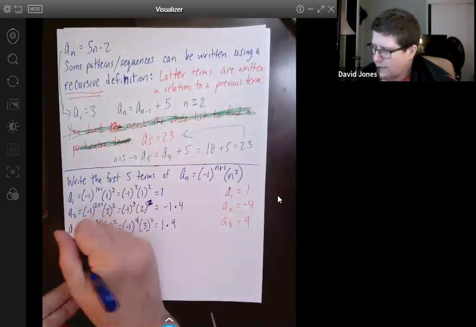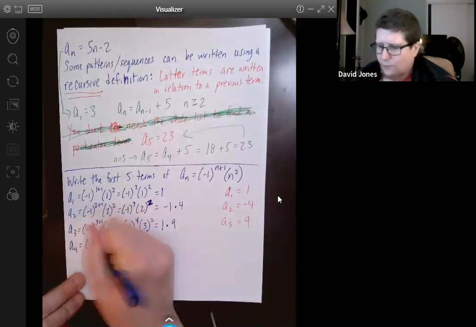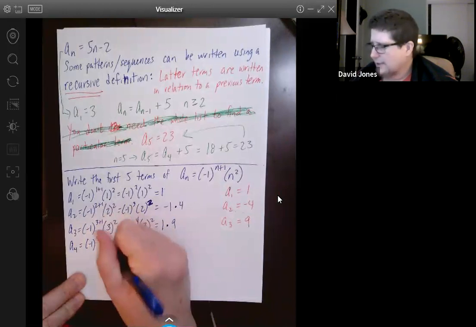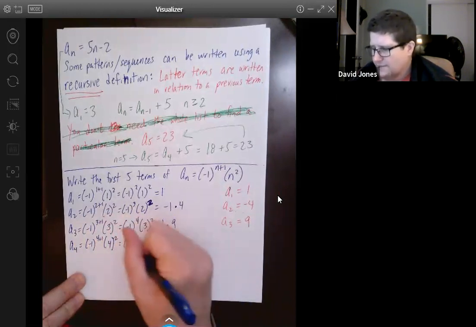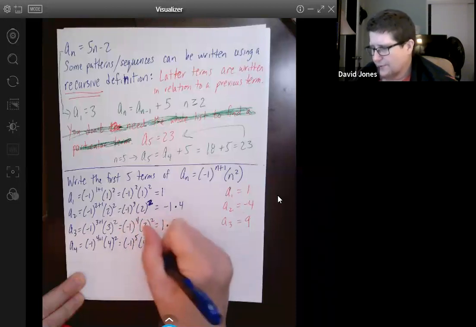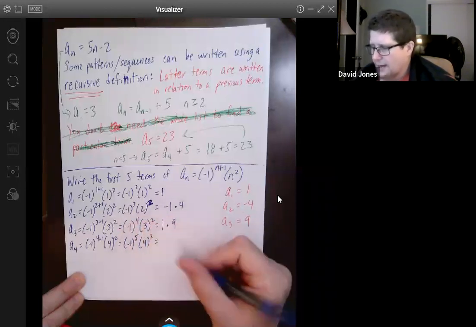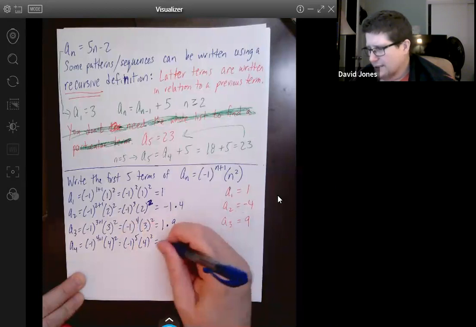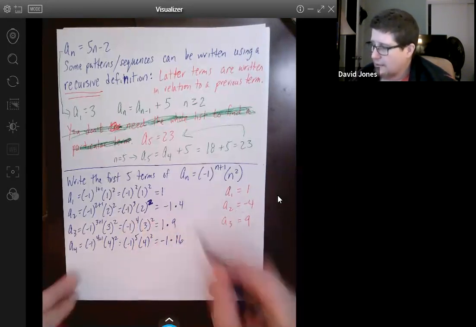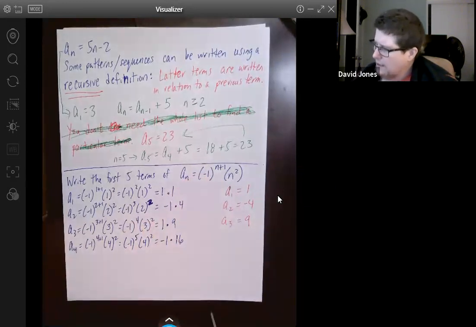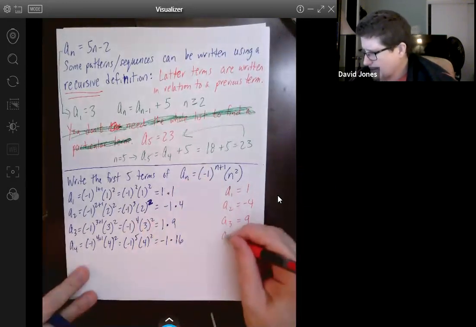A sub 4, -1 to the 4 plus 1 power times 4 squared. This gives us -1 to the 5th power times 4 squared. -1 to the 5th power is an odd power. This is going to be -1 times 4 squared is 16. And that's going to give us -16.